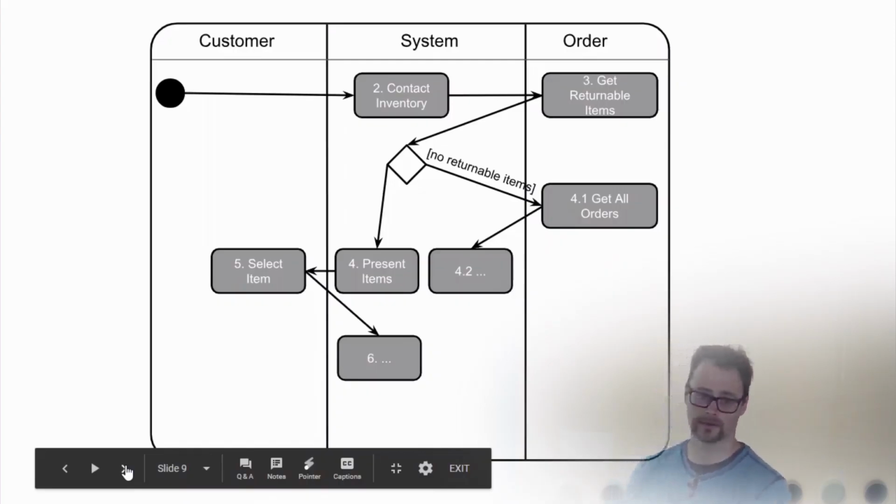Maybe we can find a more efficient way of doing things, more user-friendly, more efficient in contacting this order system. Maybe we can use it to understand how things need to be tested. We need to trace every path so that we can know that we have tested every path at least once. So we can use a model like this in different ways.